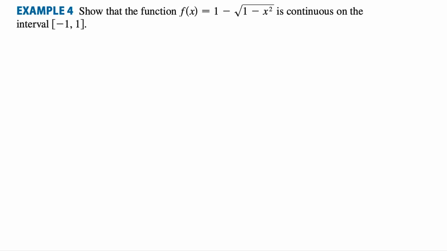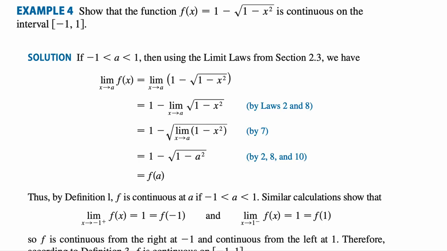And then this is an example of an algebraic way of checking to see if a function is continuous. This is where you just do limits, really. Notice in this interval from -1 to 1, if I take the limit as x approaches any point between -1 and 1, this is a simple function where you can actually plug it in.